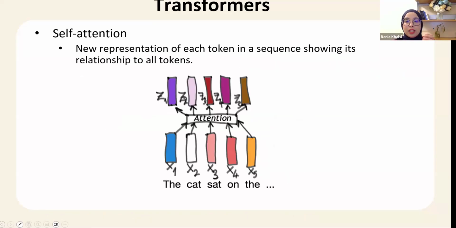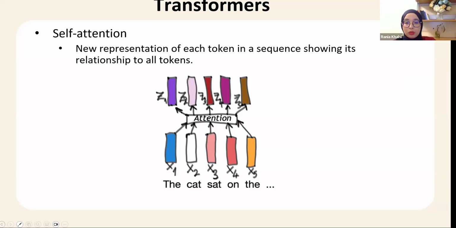So now let's dive into self-attention in more detail. What we are computing here is a new representation for each token in the sentence, one that captures its relationship with all the other tokens.